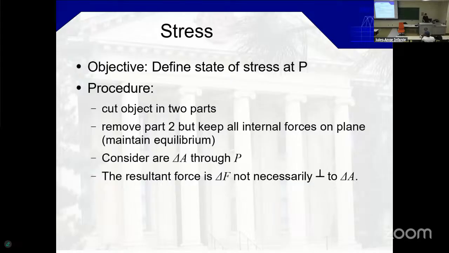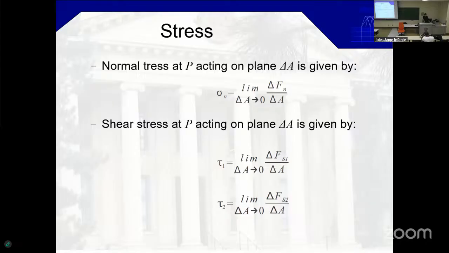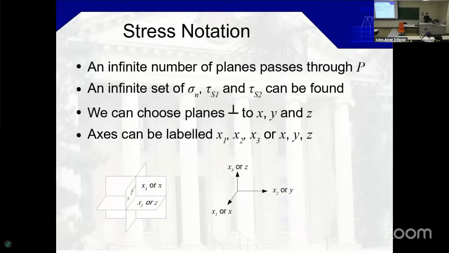And we consider the increment of plane A. And we divide the resulting force by the area to find the stresses. So the normal force over the area is the normal stress, obviously. And as the area tends towards zero, the ratio of the force over the area tends towards the shear stress. And there can be two shear stresses in two different directions acting on the same point on the same plane.